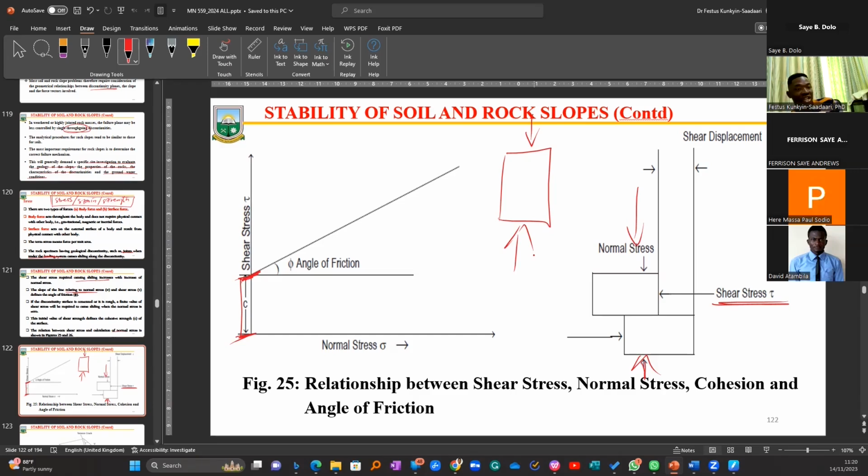And then the shear stress will also have its opposing force. And so in a situation where the one that is opposing the stress is higher, will there be failure? No, unless this is greater, then the failure can occur.